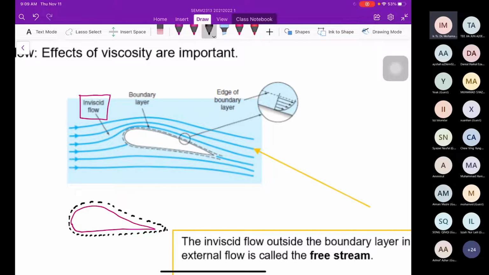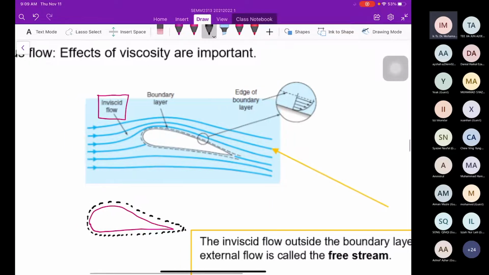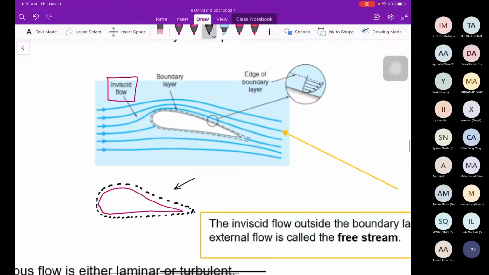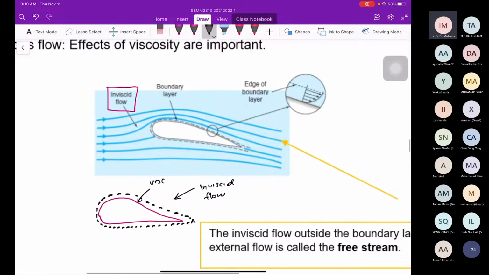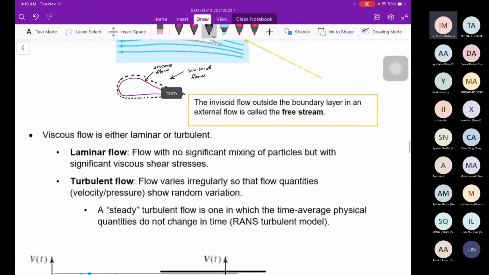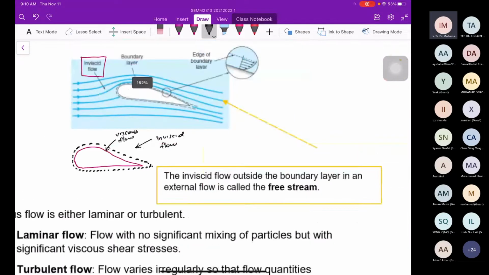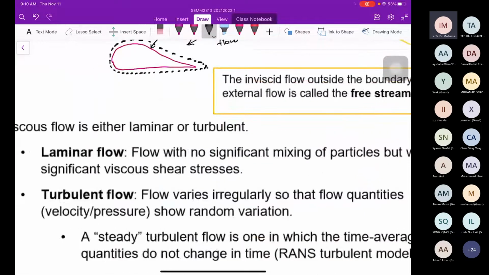Because we want to differentiate between inviscid flow and viscous flow. Outside of this is inviscid flow. Inside of the boundary layer is viscous flow, meaning the effects of viscosity are very important. A viscous flow is either laminar or turbulent, so within the boundary layer we have either laminar or turbulent flow.